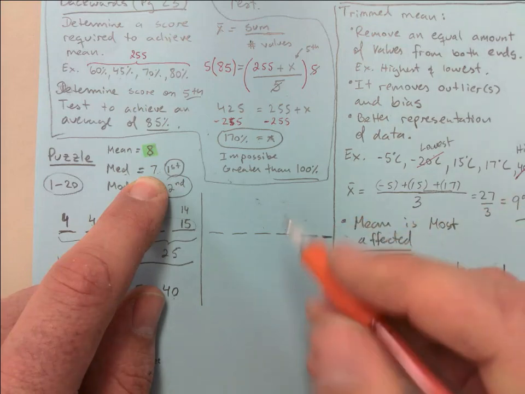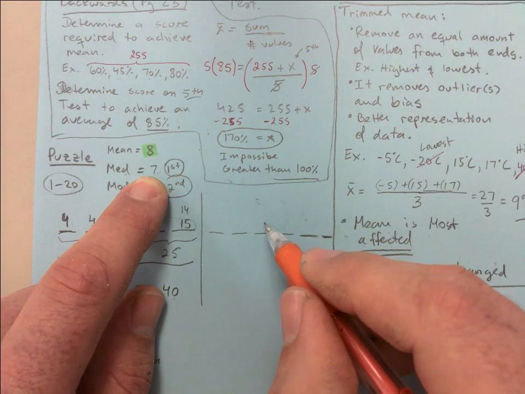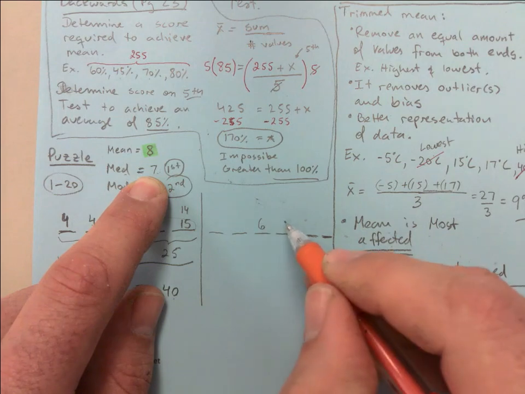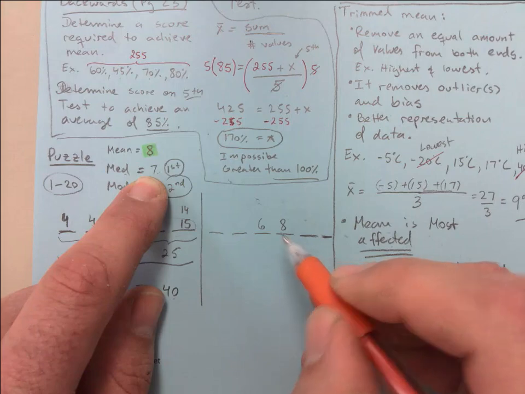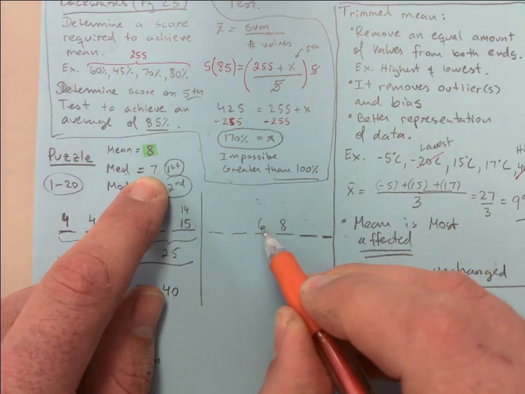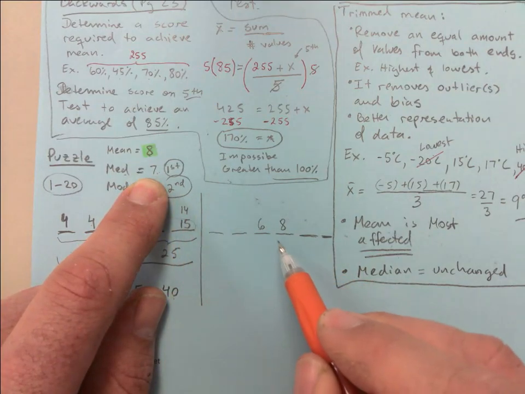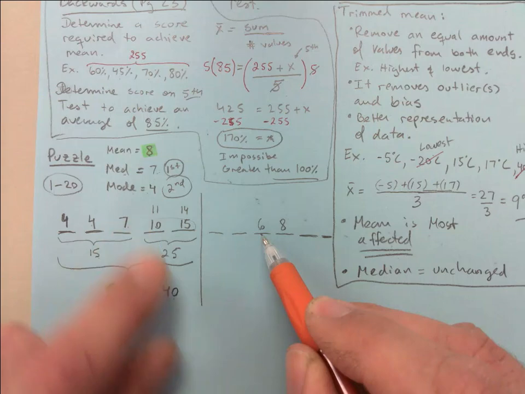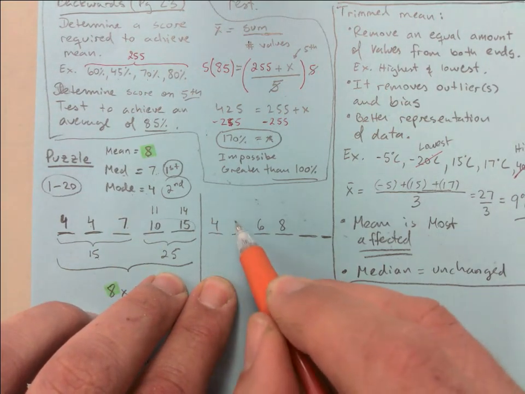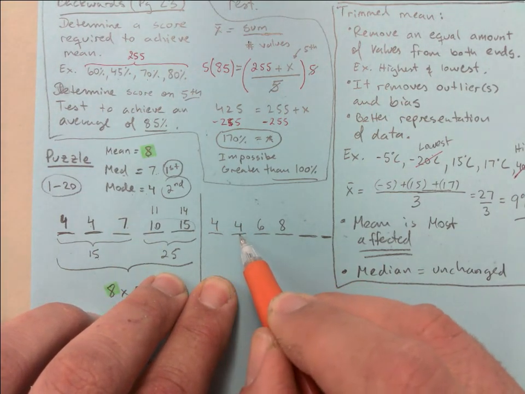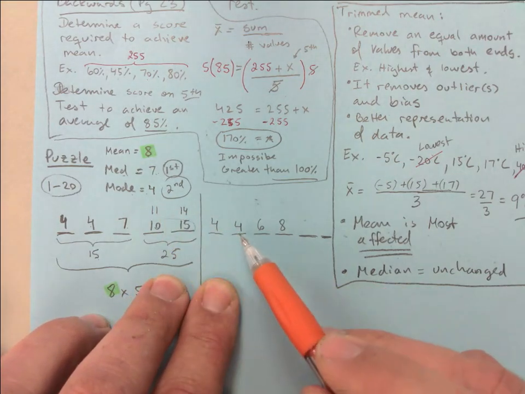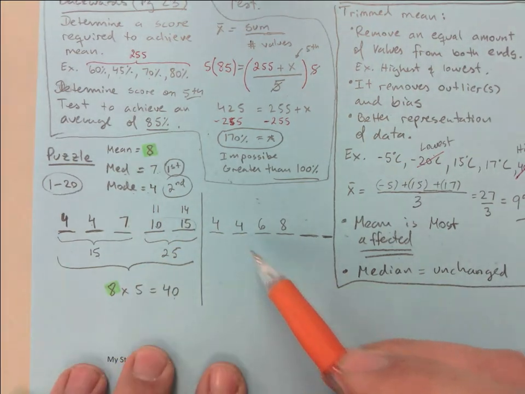But how can you go around it? Could you do 6 and 8 in the middle? If you do 6 and 8, between them is your 7, right? So we still do that. Our mode is still 4 and 4, right? We'll put 4 and 4 here because we know that our mode is supposed to be that.